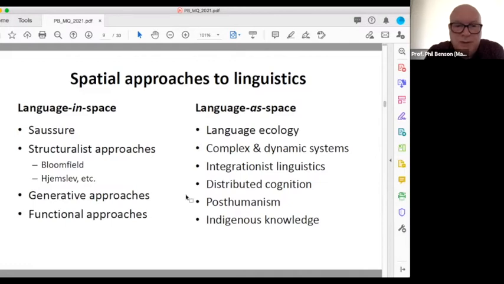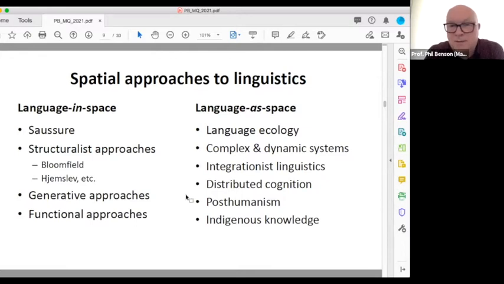And then we have both the generative approaches of Chomsky, and the functional approaches, of which there are many, but I'll mention Halliday later, who, to be fair to them, Chomsky and Halliday certainly see language as being less self-contained as a system, and they tend to think more in terms of networks and open systems than the structuralists did in the past.